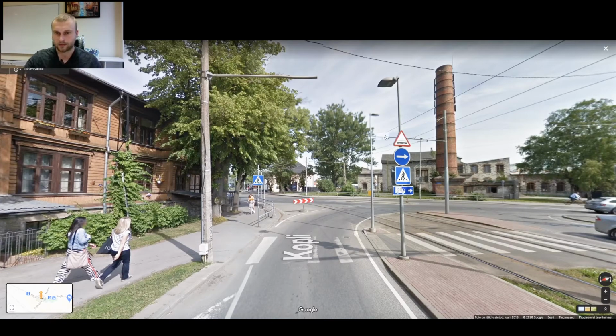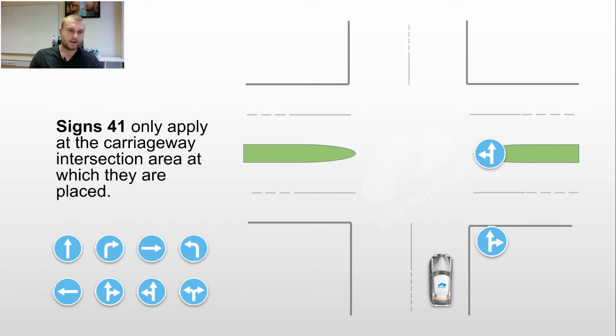Also you have tram sign, so it means you have to give way to the tram, pedestrian crossing. But yeah, now it's more important to understand the meaning of this sign. These signs, mandatory signs, only apply at the carriageway intersection area at which they are placed.